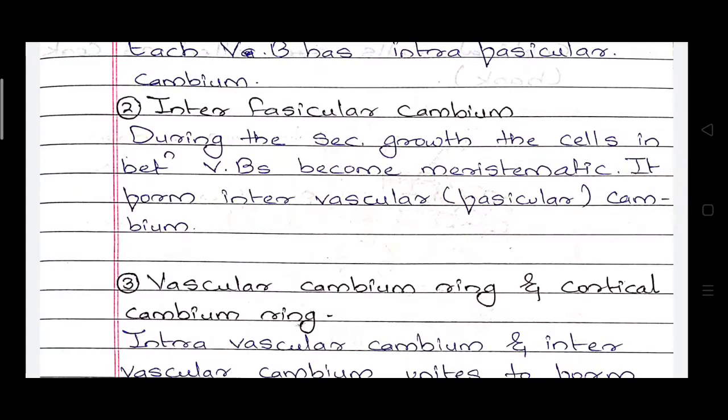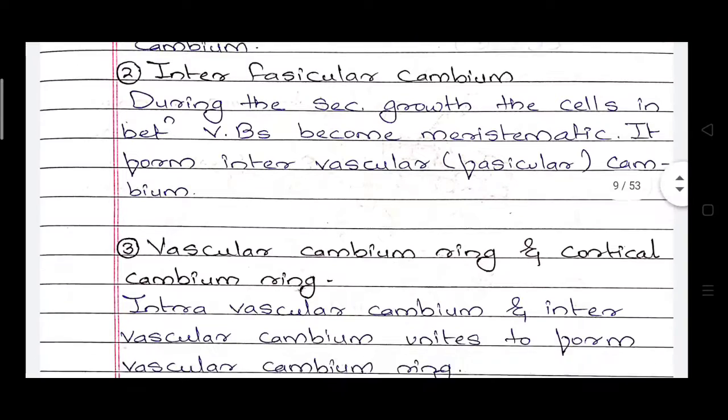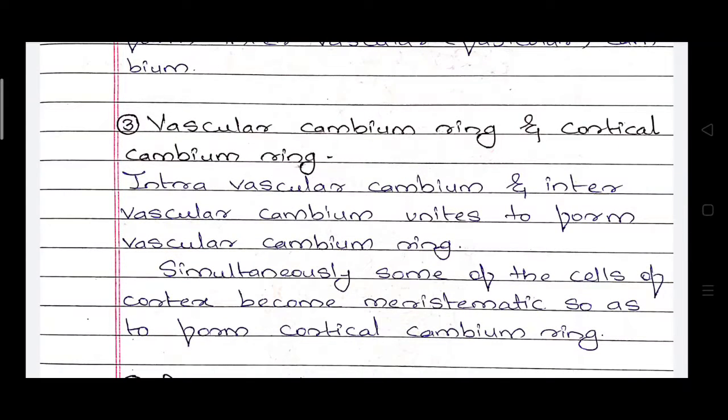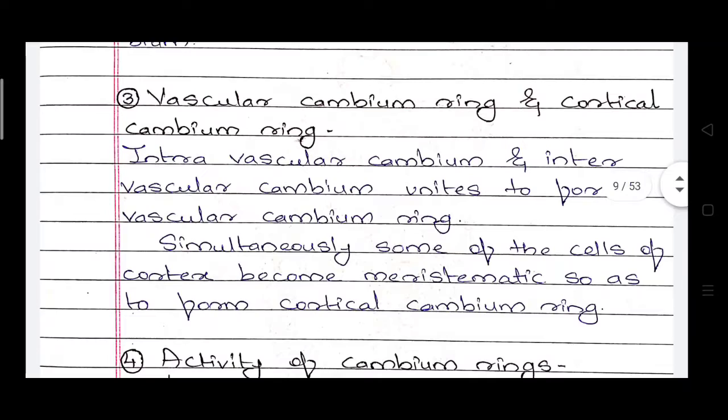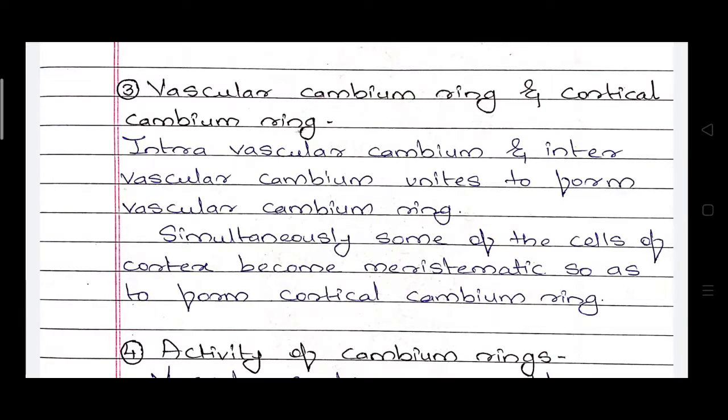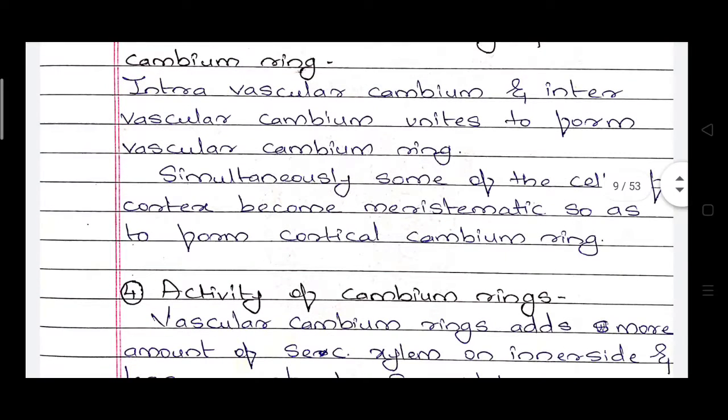The meristematic growth that happens between two vascular bundles, that is the interfascicular cambium. Then the vascular cambium ring and the cortical cambium ring. The intrafascicular cambium and interfascicular cambium unite to form the vascular cambium ring. The cambium developed between xylem and phloem is the intrafascicular cambium, and the cambium between two vascular bundles is the interfascicular cambium. When these are combined, the vascular cambium ring is developed.